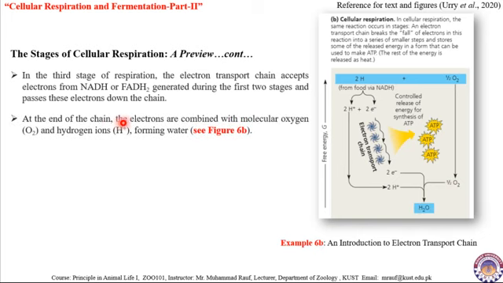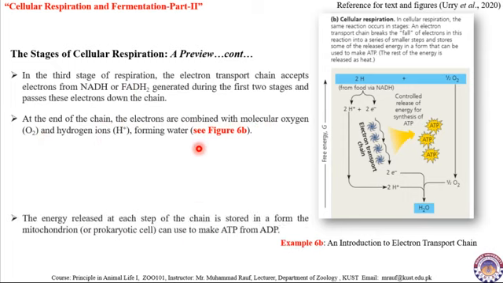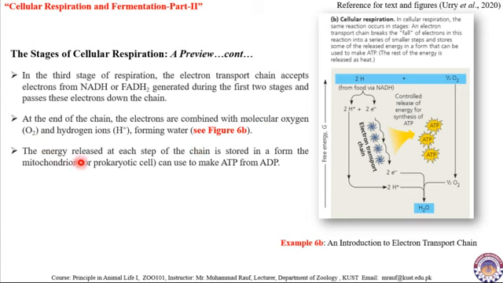So at the end of the chain, the electrons are combined with molecular oxygen and hydrogen ions, forming water. The energy released at each step of the chain is stored in a form the mitochondria can use to make ATP from ADP.